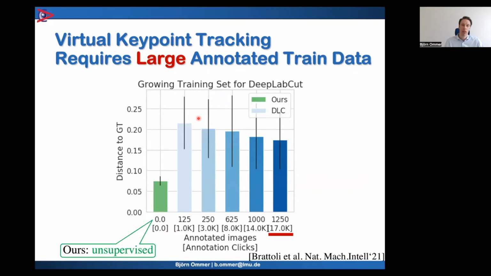Here, we have evaluated supervised DeepLabCut on estimating rat paw posture by annotating different numbers of randomly drawn frames. As you can see, there's an improvement as more training samples and thousands of annotation clicks are harvested. However, there is still a significant difference to an unsupervised approach, which you see here on the left, that learns to compare postures with no training annotations.